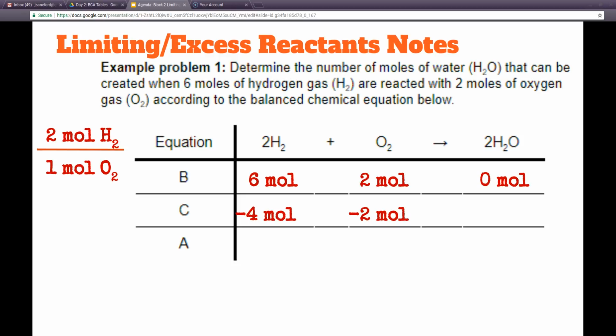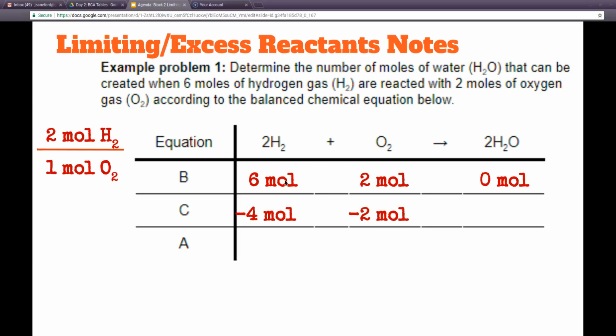Now, another way you could have looked at this is we could have gone the other way. We could have looked at, for every 2 moles of hydrogen we use half the amount of oxygen. So if we were to use 6 total moles of hydrogen, half of that would be 3. Did we have 3 moles to use, though? No, it tells us we only start with 2.